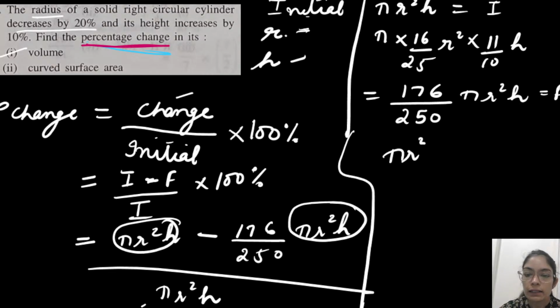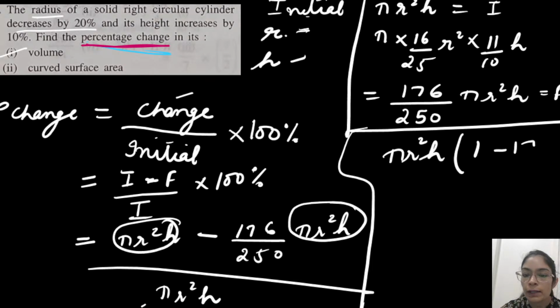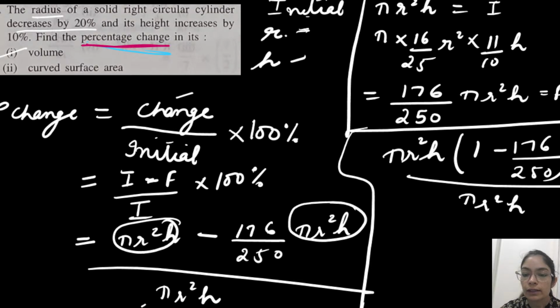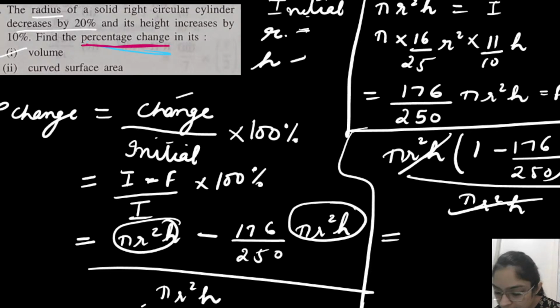So pi r square h I am writing outside, it's a common factor. Here nothing is there, so 1 minus 176 by 250, by pi r square h. So pi r square h and pi r square h will get cancelled. So this fraction you can solve, and I think after solving you will get the answer as 74 by 250.